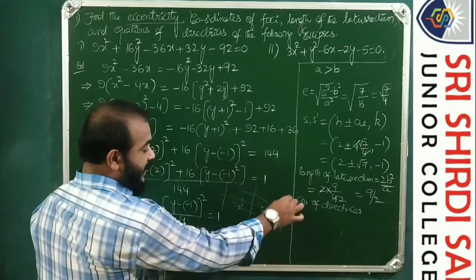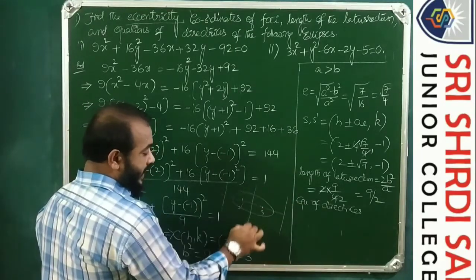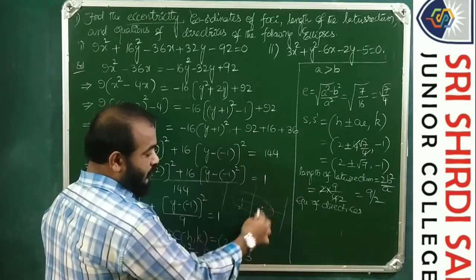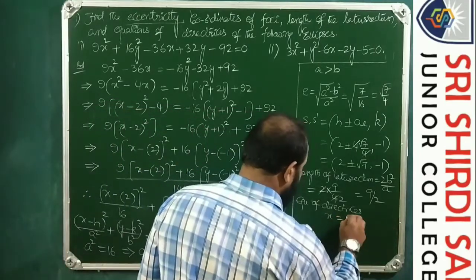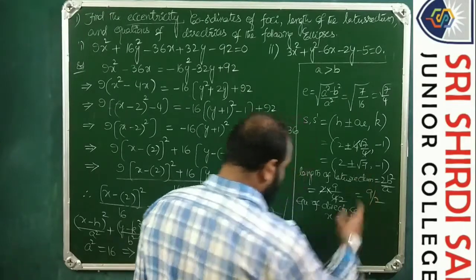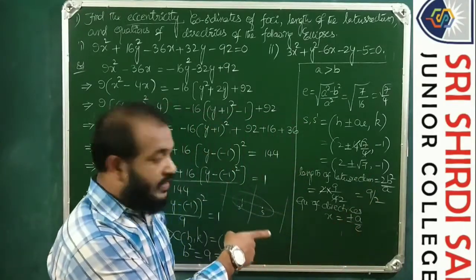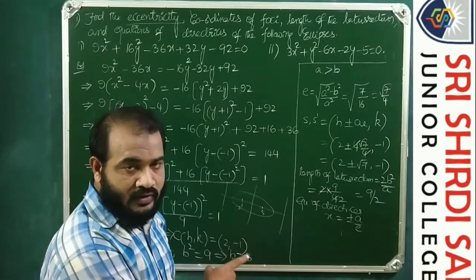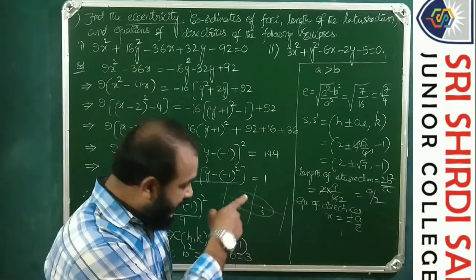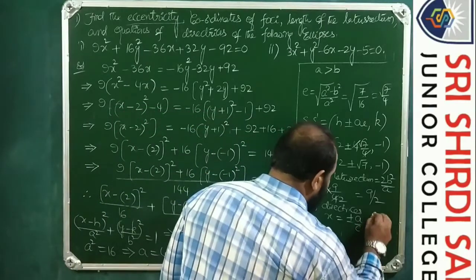So this line is parallel to the y-axis, so it is of the form x equals to something. So x is equal to plus or minus a by e for the ellipse x square by a square plus y square by b square equals 1, whose center is at the origin. But here additionally h will be added.